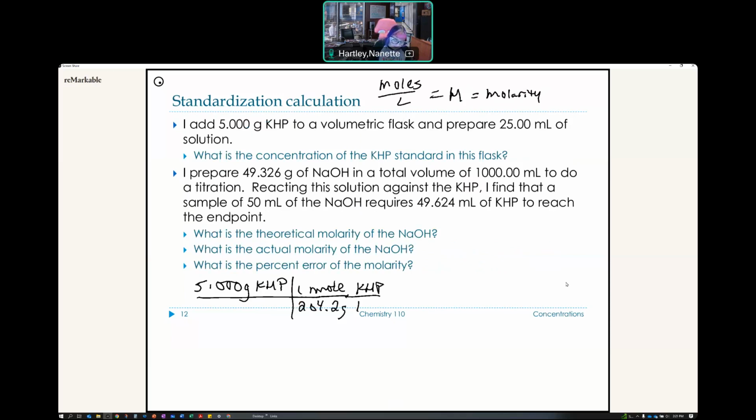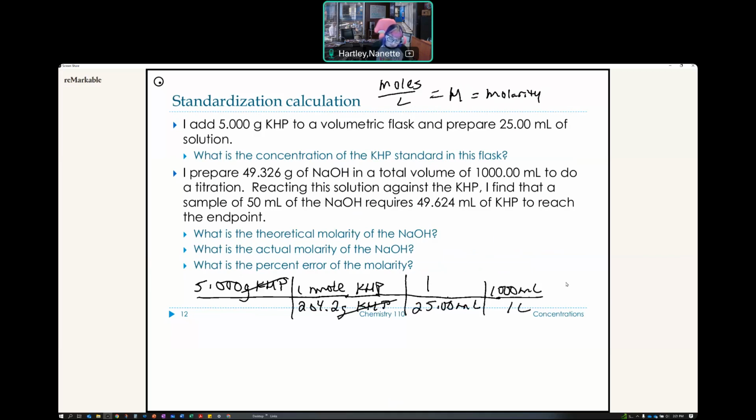Include the KHP, just so I know what I'm talking about. Cancel out my grams of KHP, and I'm left with moles of KHP. Now I'm in moles. I need to divide by the volume, so I have 1 over 25.00 milliliters. I don't want it in milliliters, so I'm going to take 1,000 milliliters per 1 liter.